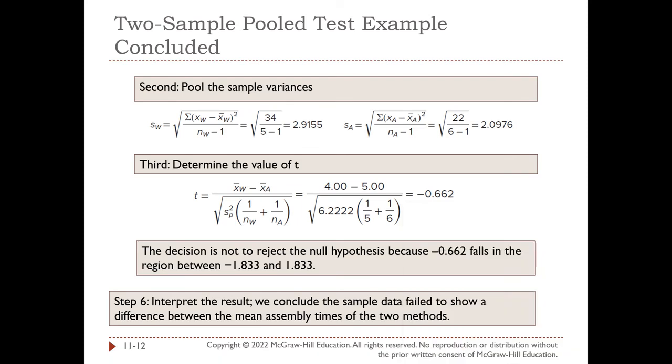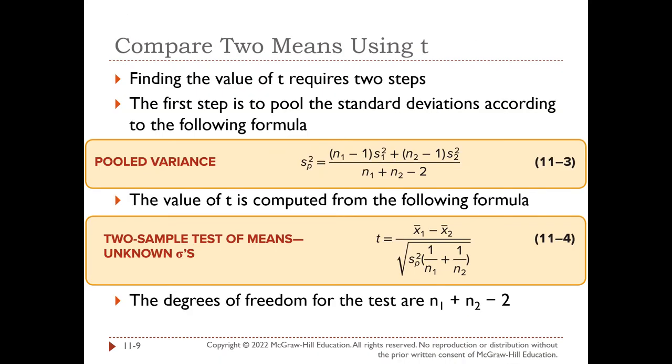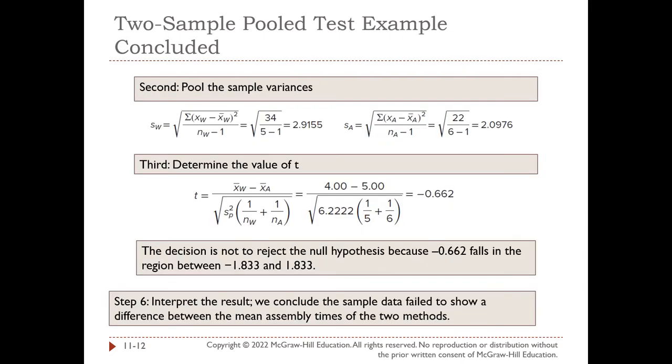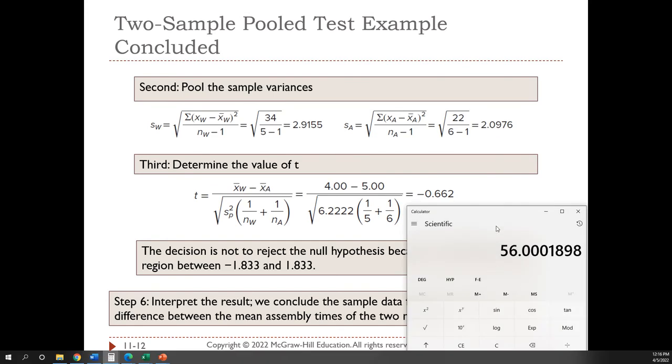Okay, so that should be on numerator. Right? Yeah. Alright. Then it's divided by 5 plus 6 minus 2. And there we go. Okay?